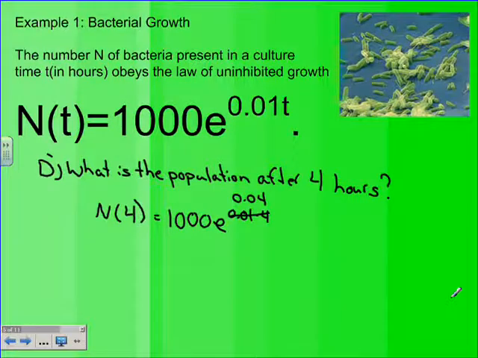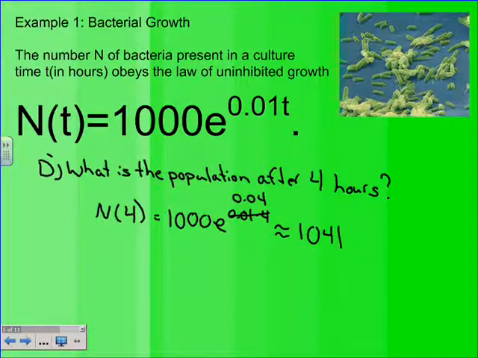So to the nearest bacteria, what do you get? What number? Yep. So we know after 4 hours now, that population went up by about 41. Seems kind of reasonable. 4 hours isn't that long. Went up by some, but not a crazy amount.